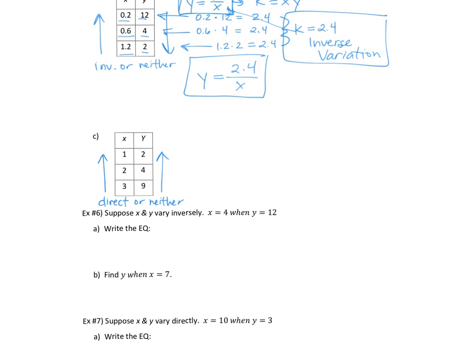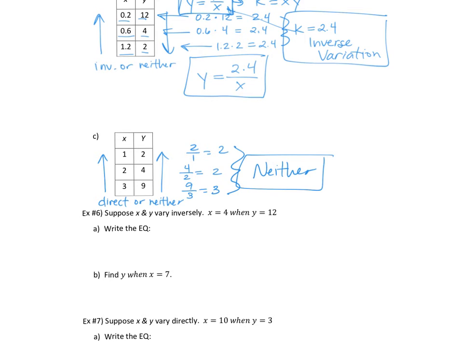So y over x would be 2 over 1 and 4 over 2 and 9 over 3. Well, simplify that. 2 over 1 is 2, 4 over 2 is 2, 9 over 3 is 3. Because those are not all the same, it's not a direct variation. We don't have a constant. We don't have a number that stayed the same. So we would say this is neither.